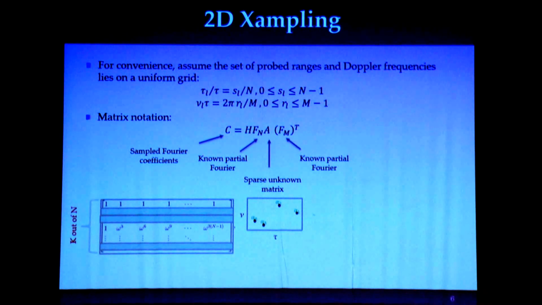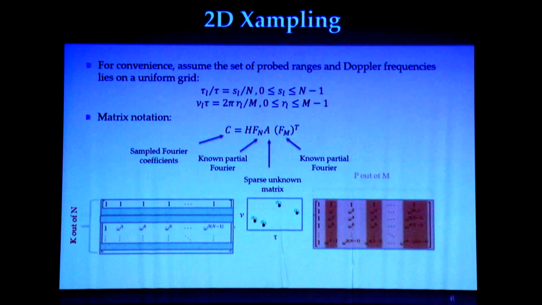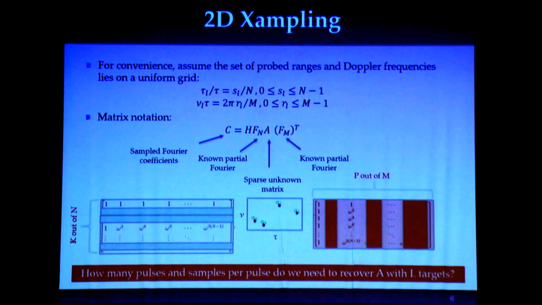We keep only K rows out of the N rows of this matrix, which correspond to the K Fourier coefficients that we sample, just like we did before. And on the right-hand side, we also have a partial Fourier matrix. In this case, we keep only P columns. The P columns correspond to the P pulses that we actually sent to this direction out of the M total pulses. And this is what we want to recover: we want to recover A here.